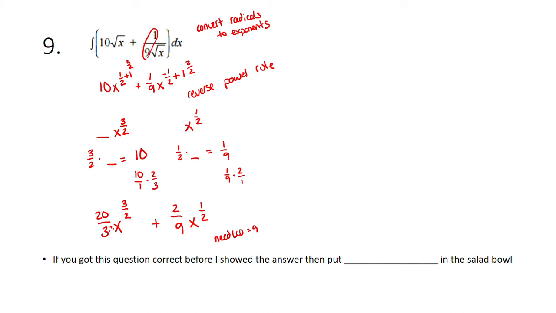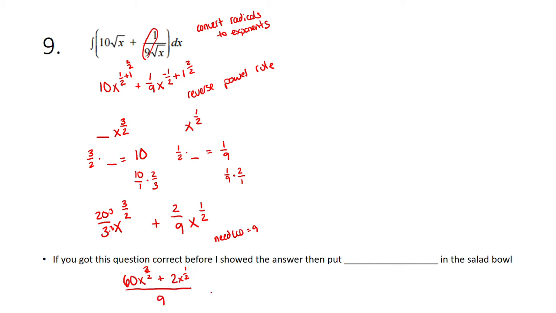So your first fraction gets multiplied by 3. 20 times 3 is 60. X to the 3 halves plus 2x to the 1 half all over 9.